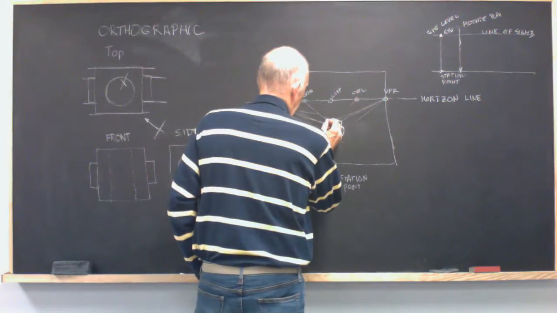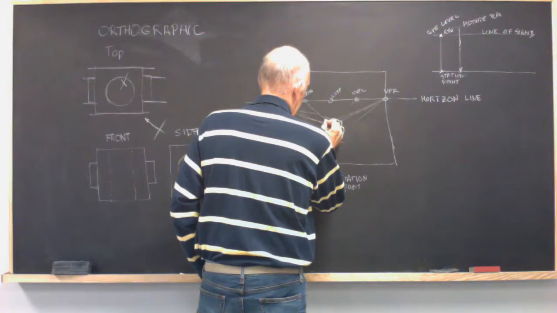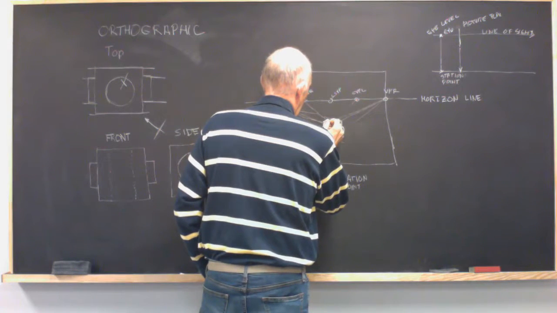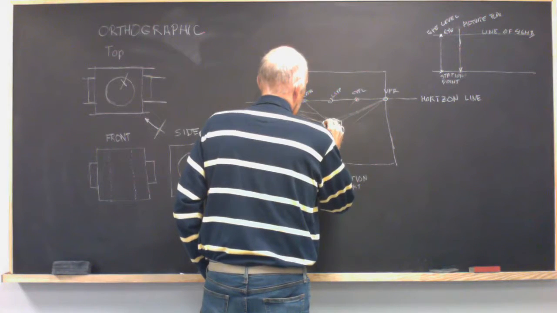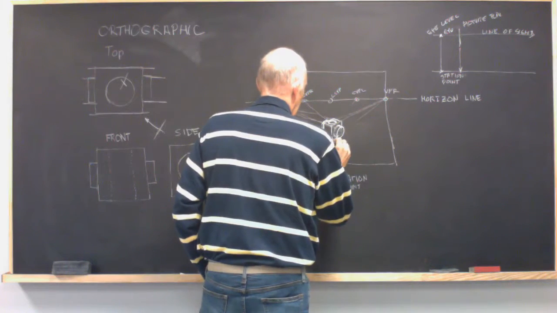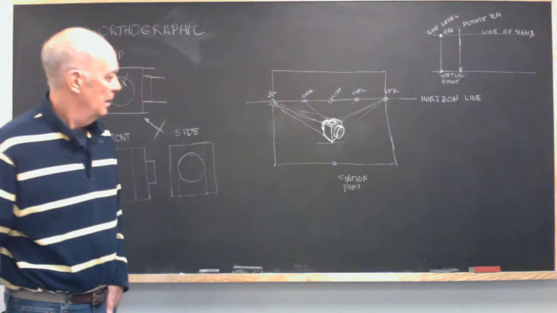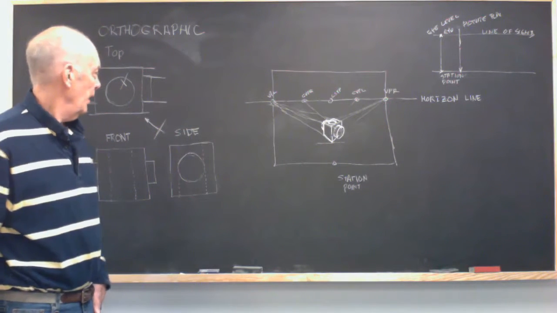You know, I'm going to go ahead and make this a little bit longer than it probably really should be, just because it looks better. And there we have it.